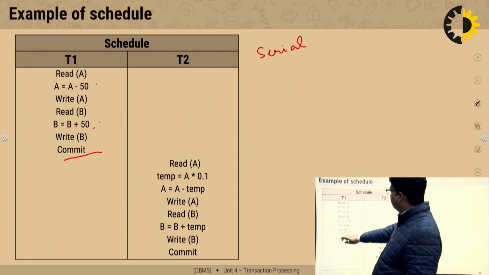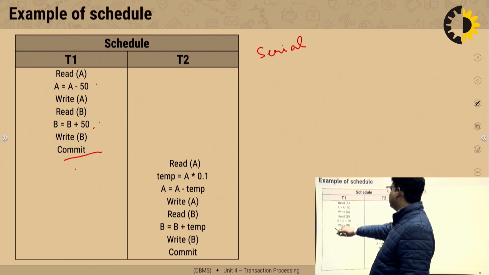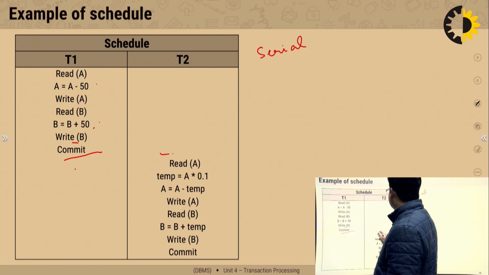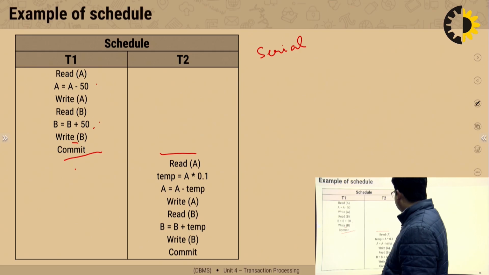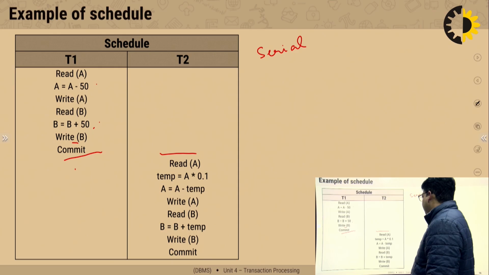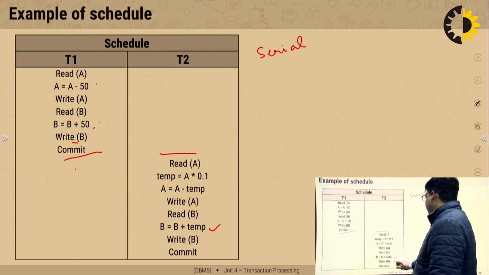After the completion of transaction T1, that is after this write B, we start another transaction T2: read A, temp equal to A times 0.1, A equal to A minus temp, write A, read B, B equal to B plus temp, and write B.